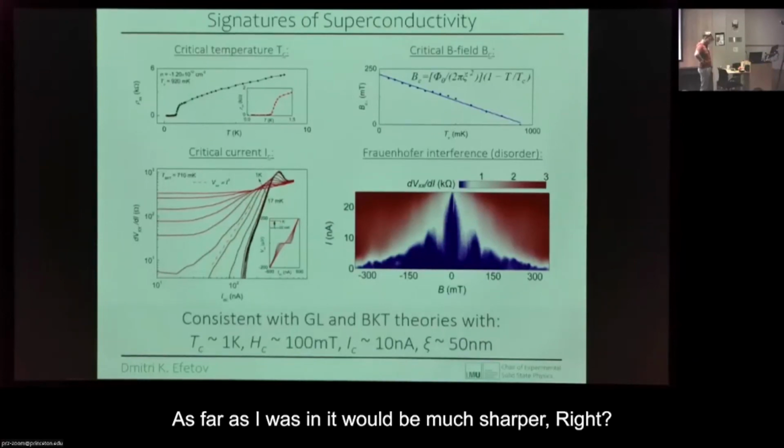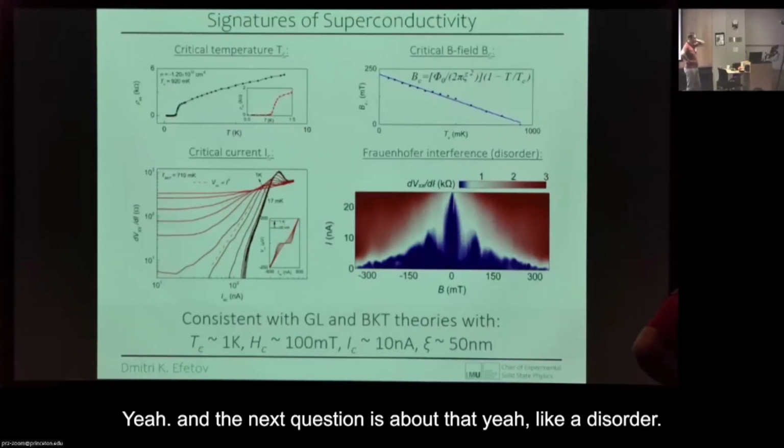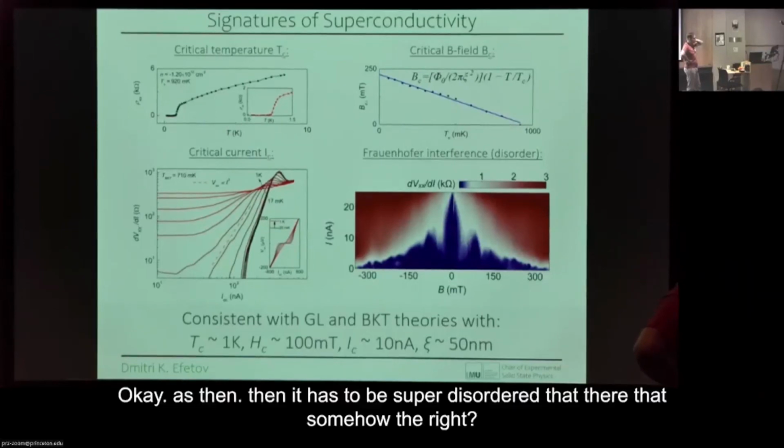The next question is about the temperature behavior of the thermal conductivity for a spatially heterogeneous S-wave superconductor. Can you comment on how that could be? Like a disordered superconductor, I would imagine. Then it has to be super disordered.